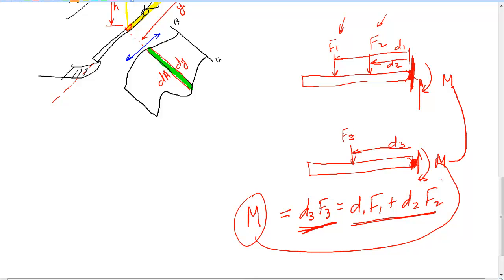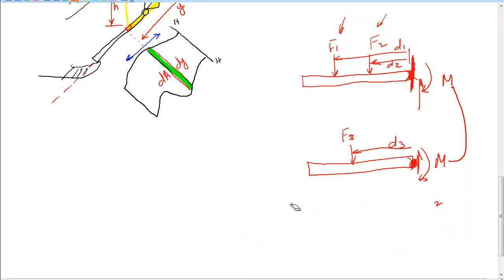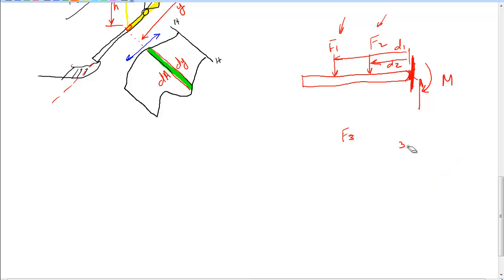Now let's hold this particular thought in mind, and let's go on to our problem. Now, it didn't matter that there was one load, two loads, 3, 4, 5. There are all these individual loads. They all have to sum up to give the same moment.